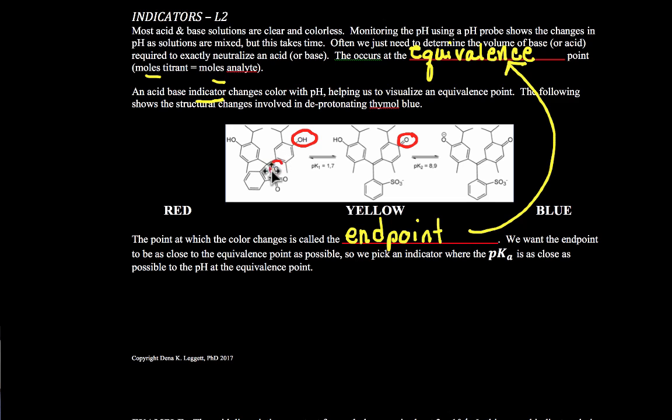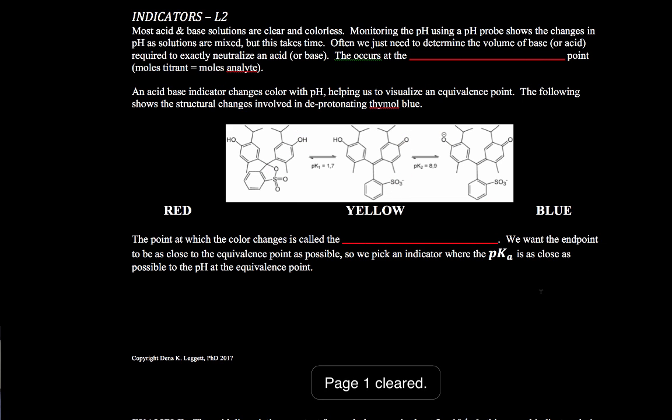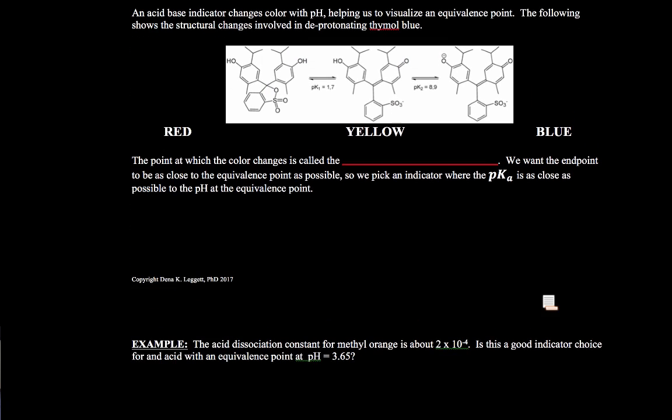And then this bond here, with the movement of electrons, becomes broken. This one happens to have 2 points at which it changes color. It goes from red to yellow with the first structural change, and then yellow to blue with the second structural change. So it's a little bit more complicated, but it still fulfills our purpose. It changes with pH, and that's what's important. So let's delve a little bit more deeply into how that happens.